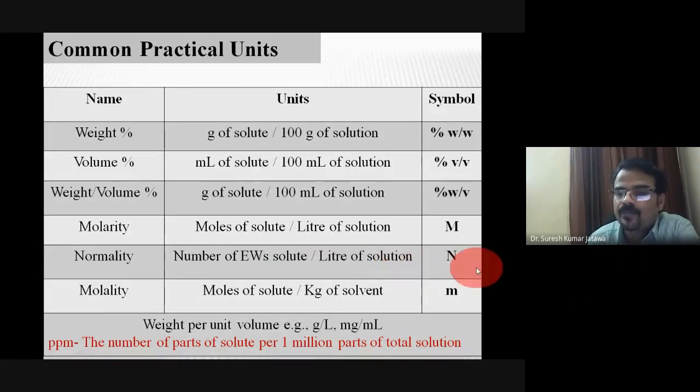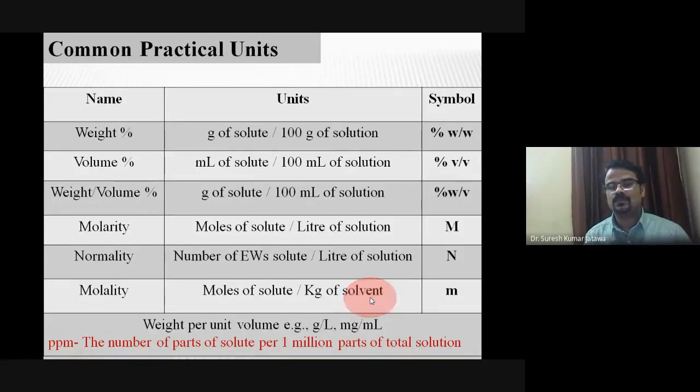It is denoted by capital N. Molality is moles of solute dissolved per kg of solvent, and it is denoted by small m.